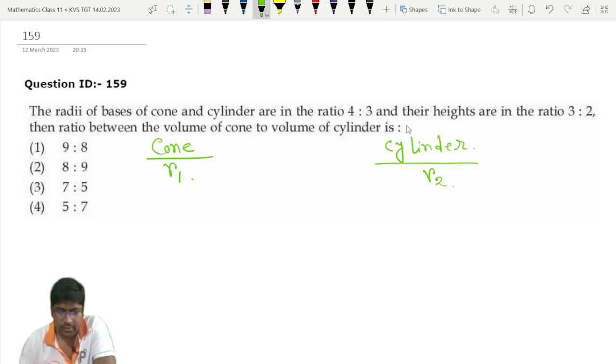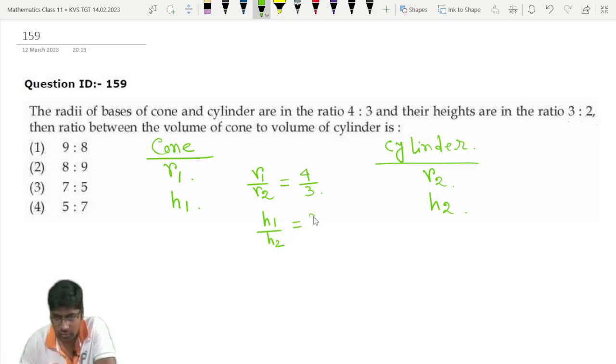And their heights are in the ratio 3:2. So for the cone height is h1, and for the cylinder height is h2. So what information is given? r1 by r2 is equal to 4/3, and h1 by h2 will be equal to 3/2.